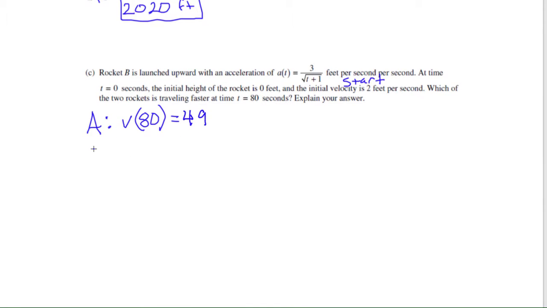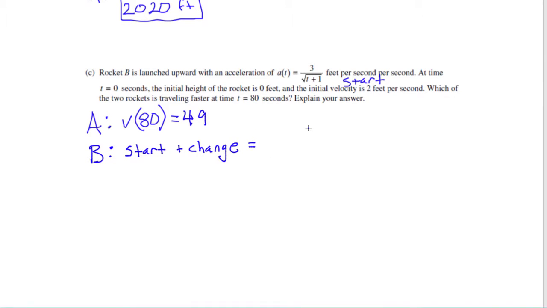So when we look at rocket B, we have to compare it to that value. All right, so to find velocity is going to be the antiderivative of acceleration, but we also have to include the start. So it's one of those start plus change deals. I can tell because I know I have to do an integral, so that's change, and I have this start value that I analyzed in the problem.